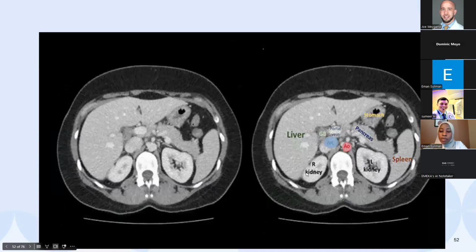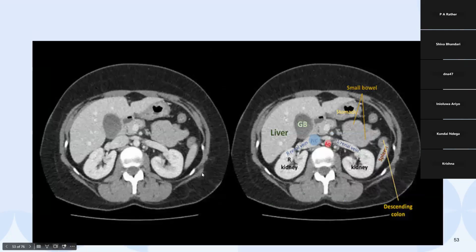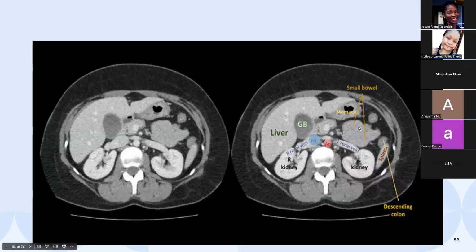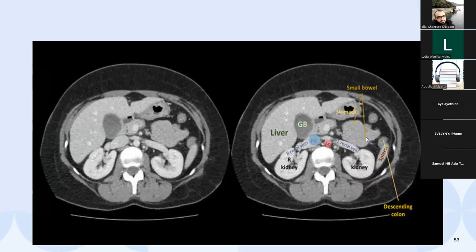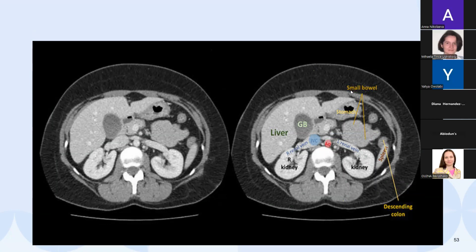Yes, and at this level, it's the L2, L3 level. We could see the right kidney, left kidney, and the pancreas is shown here, and the gallbladder. Now we're moving a bit down. Here the loops of small bowel could be seen.